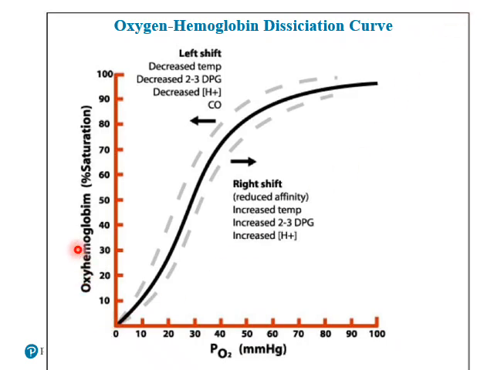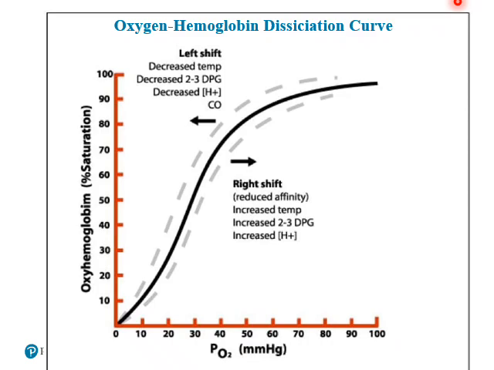So here's the percent of hemoglobin saturation, and this is your PO2, or the pressure of available oxygen. The resulting graph is not linear, but is like a sigmoid or an S shape. This is referred to as the oxygen-hemoglobin dissociation curve.